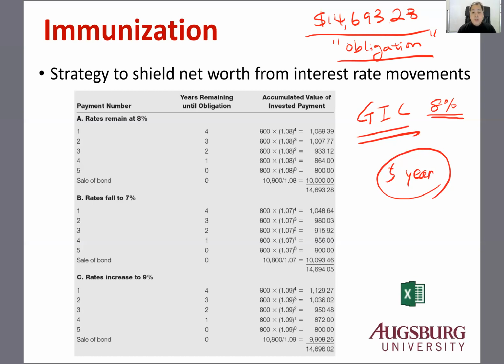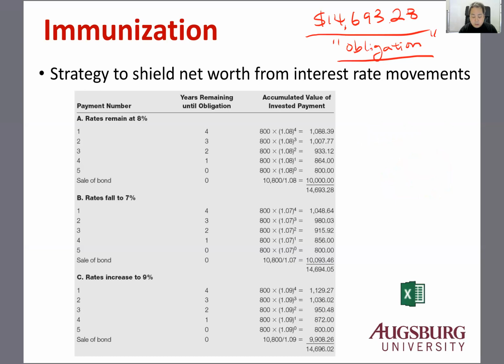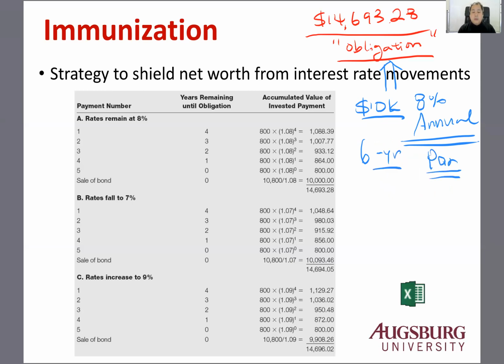Suppose this insurance company chooses to fund these obligations. So they buy an asset using $10,000: an 8% annual coupon bond with 6-year maturity, a par bond, which means the coupon rate is also 8%, right?